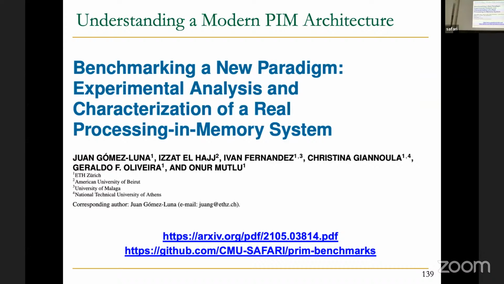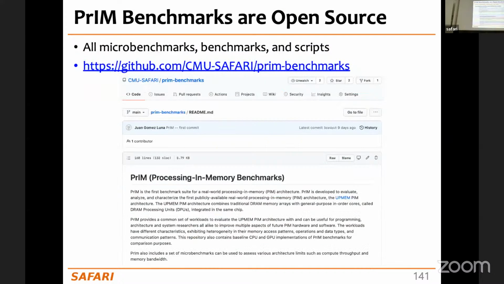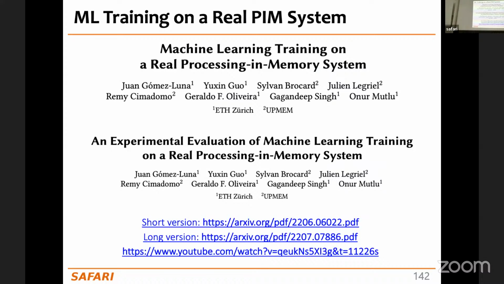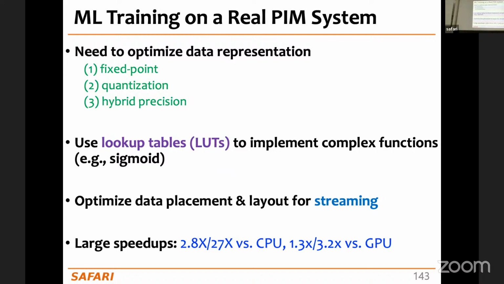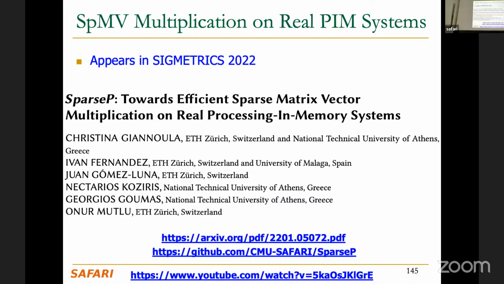We did a lot of studies on this PIM architecture. We generated a benchmark suite for them, called the PrIM benchmark suite. We also tried to port different applications, for example machine learning training, down to these systems using different application optimizations.